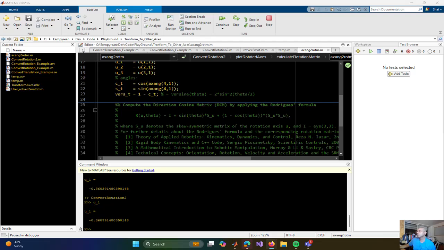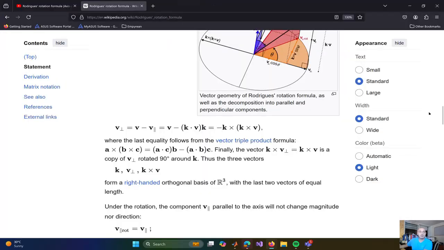Quaternions do have this nice property. Now we can check this formula. We have here the matrix.